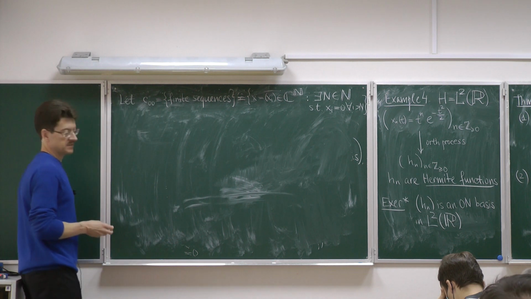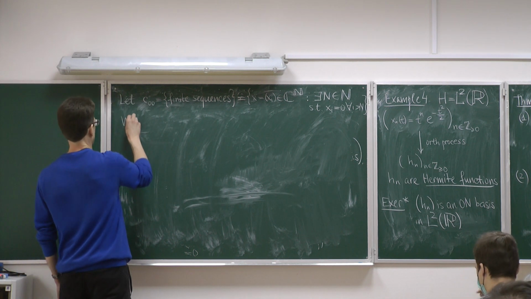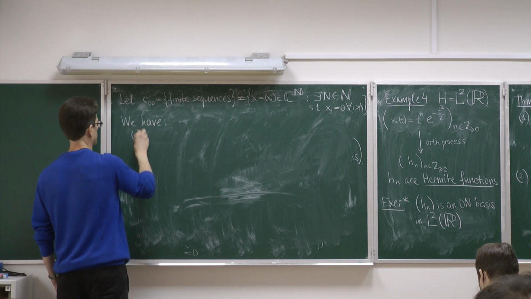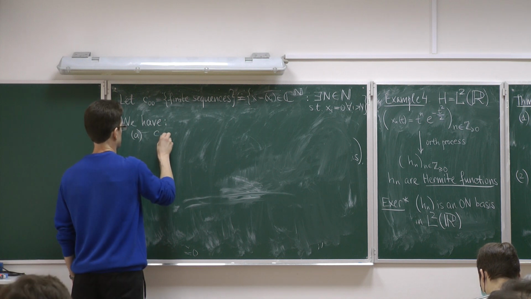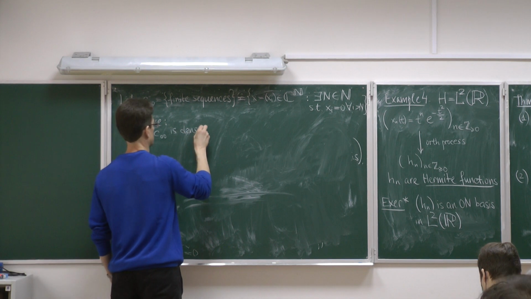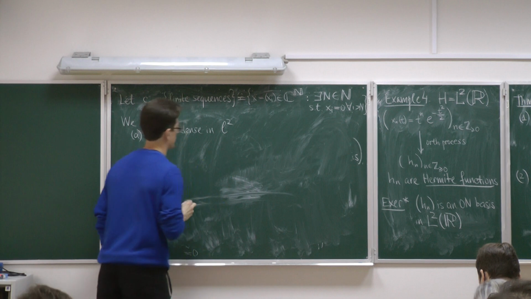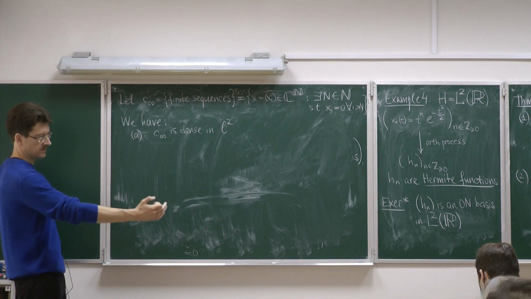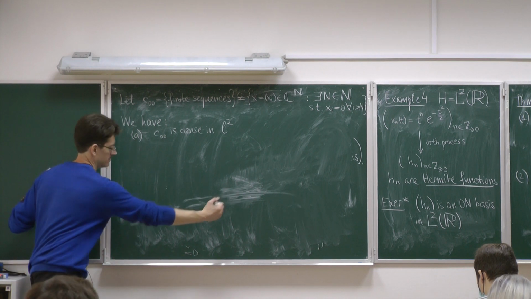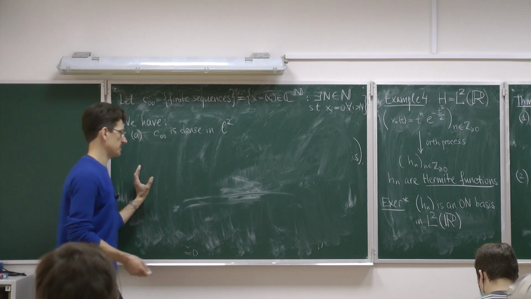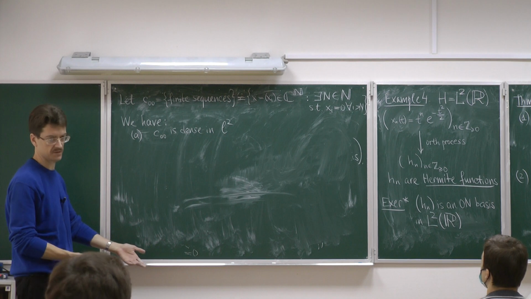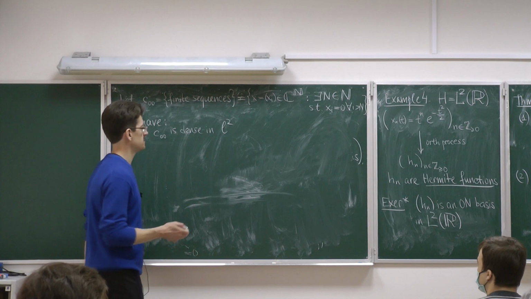This is a vector subspace in l2, and we have three simple facts about it. Fact A: c_00 is dense in l2. If we take an arbitrary vector x in l2 and truncate it, writing zeros at the positions bigger than n, then the truncated vectors will converge to x.